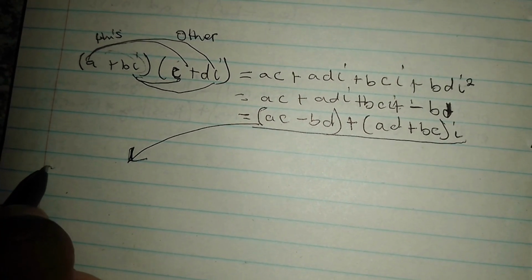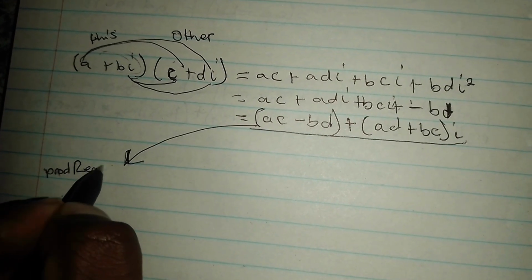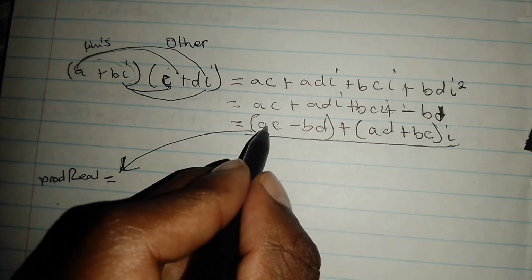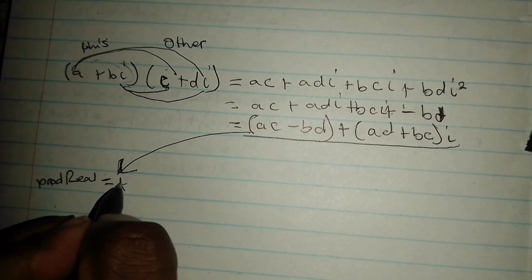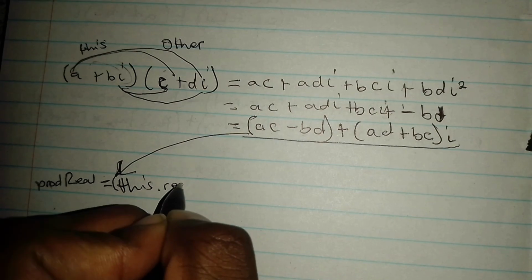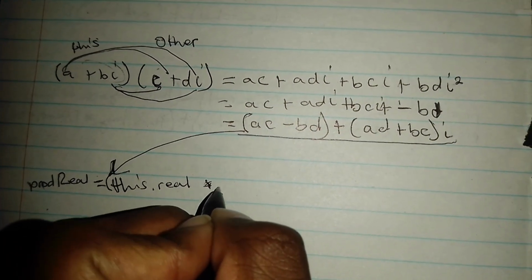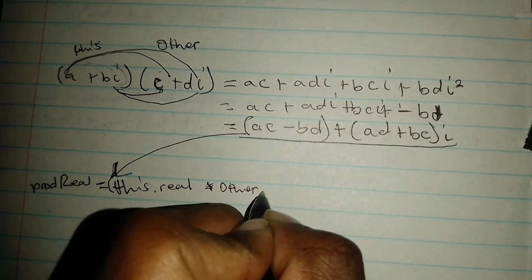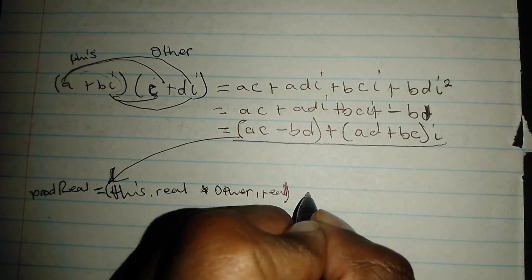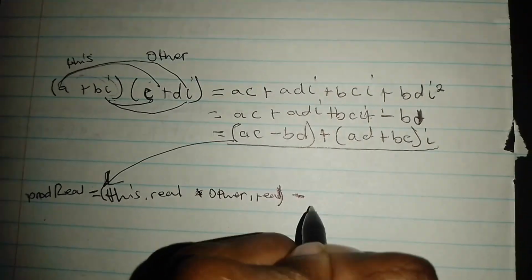Let's say this is prod real, that is, the real part of the product, which is going to be equal to, a is from this, so open bracket this.real, times c, which is other.real, and then minus b.